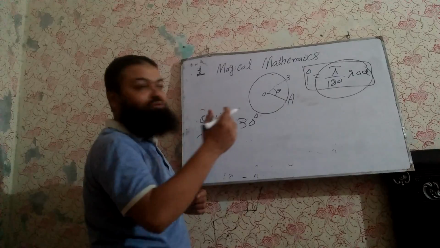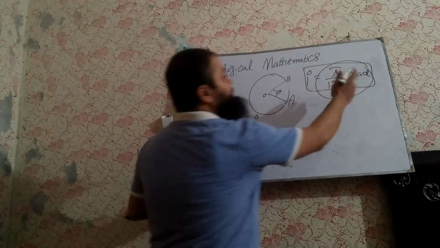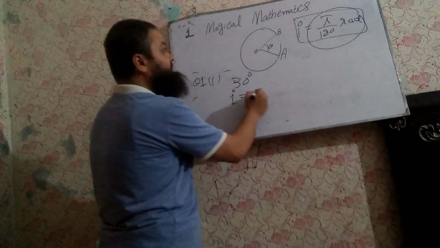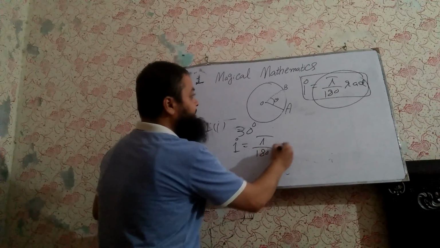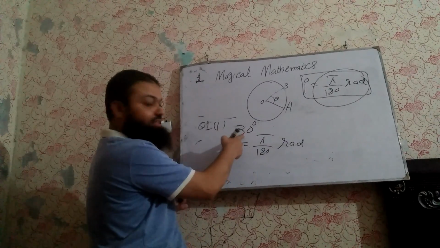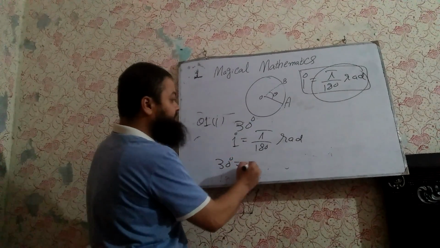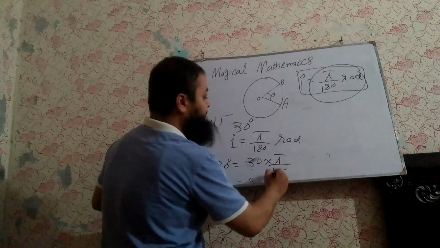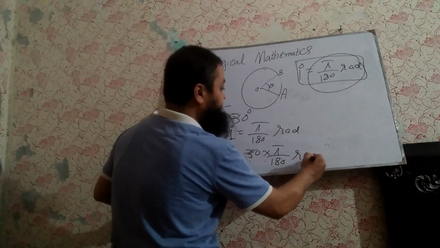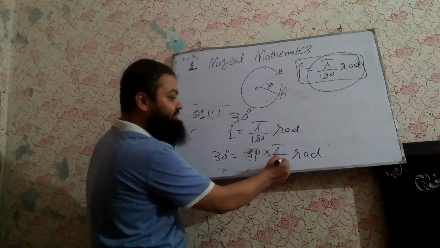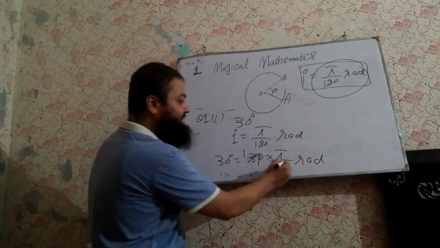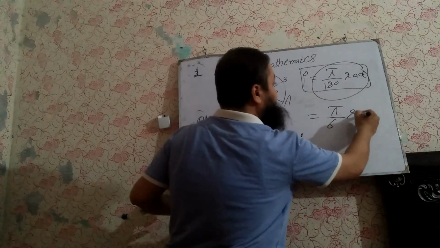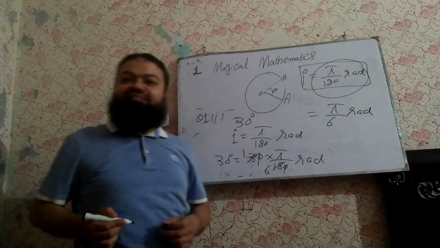Whenever you want to change degree into radian, you will multiply by pi by 180 radian. 1 degree is equal to pi by 180 radian. And that is 30 in the question. Then 30 degree will be equal to 30 multiplied by pi by 180 radian. That is, 0 will be cancelled with this 0. 3 ones are 3, 3 sixes are 18, and the last answer is pi by 6 radian. You will get 2 marks in this way.